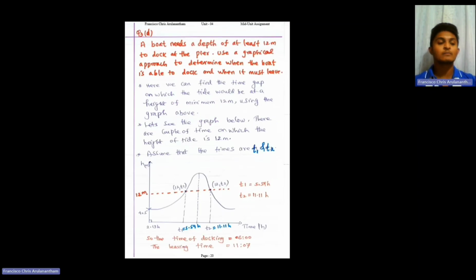Now we will move on to part D. A boat needs a depth of at least 12 meters to dock at the pier. Use a graphical approach to determine when the boat is able to dock and when it must leave.